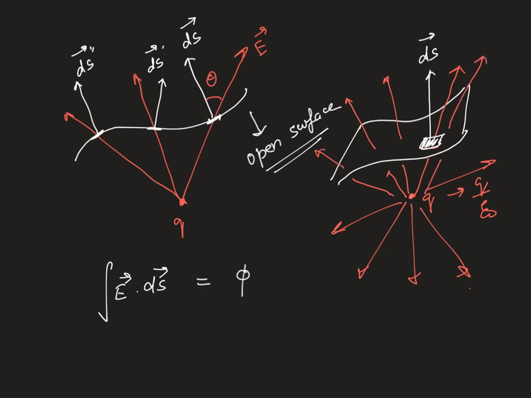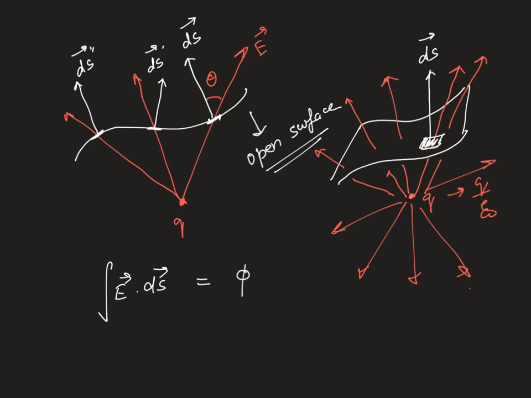Some of this flux is passing through the area, and there is also some of this flux that is not passing through this area. Can you see that? So this flux here is not passing through the area, whereas this flux here is passing through the area, and the total flux is q by epsilon naught.